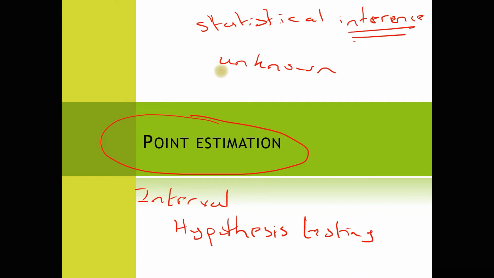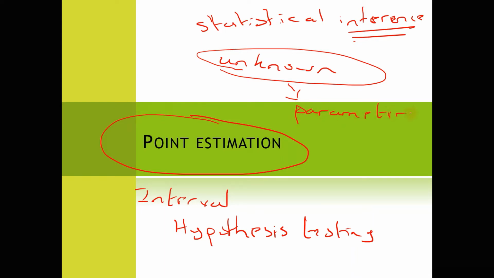Now, when I refer to the term unknown in statistics, we generally refer to these as parameters. An unknown quantity is what we refer to as a parameter. So we are going to estimate these unknown parameters. And in statistics, there are different parameters. We have a parameter for the mean that is described with the Greek symbol mu.